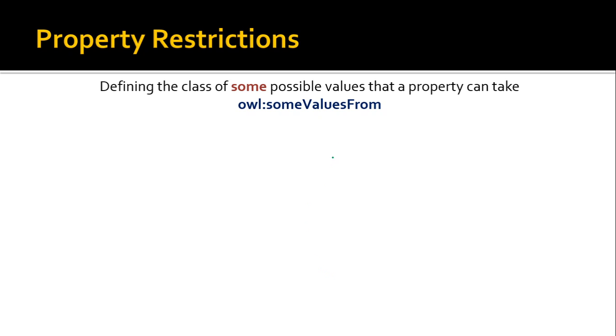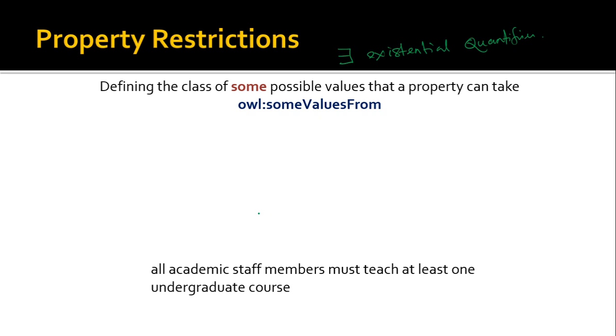So you can see that this is similar to the existential quantifier in first order logic. Let us have an example and then I'll try to illustrate what we are trying to get.